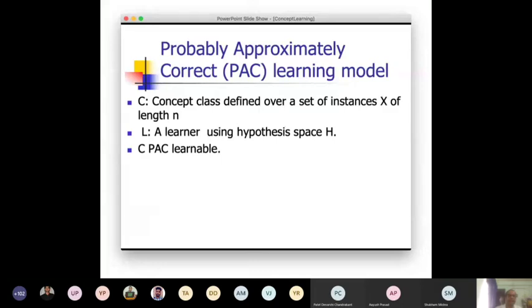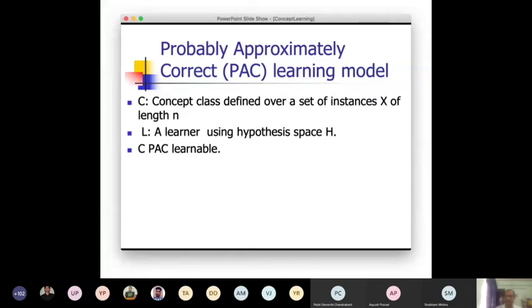And L is a learner, some algorithm, using a hypothesis space H. Then this C is PAC learnable. That concept class is probably approximately correct learnable.